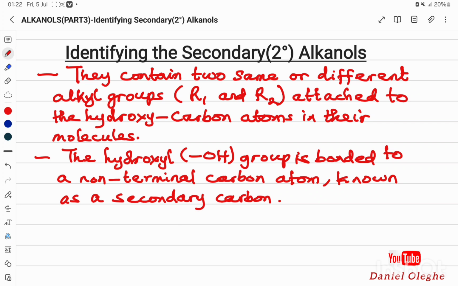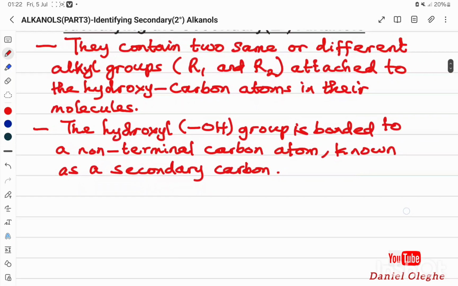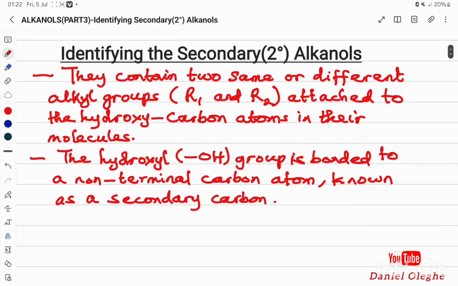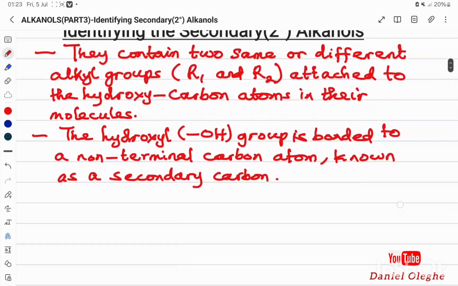So the other carbon atoms in between these terminal carbon atoms are referred to as non-terminal carbon atoms. So when the hydroxy group is attached to a non-terminal carbon atom in the chain, and this carbon atom that bears the hydroxy group is attached to two alkyl groups, then it is representing a secondary alkanol.